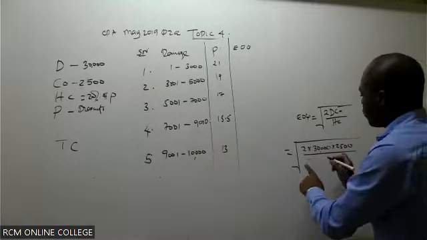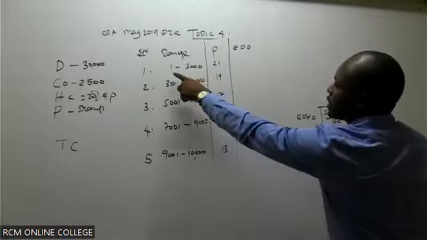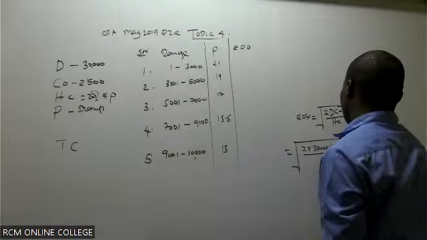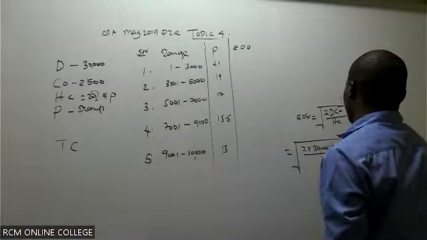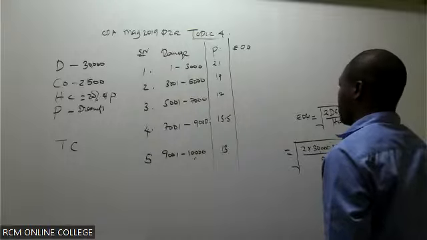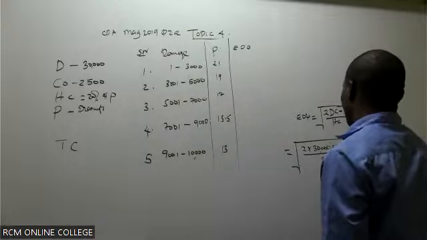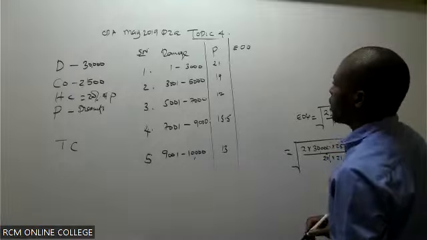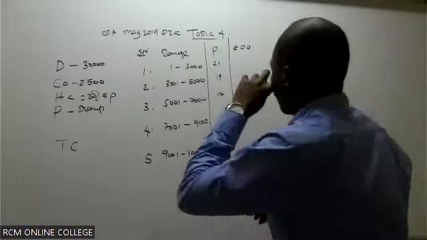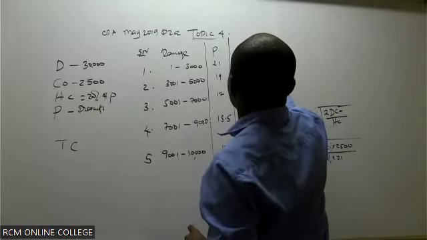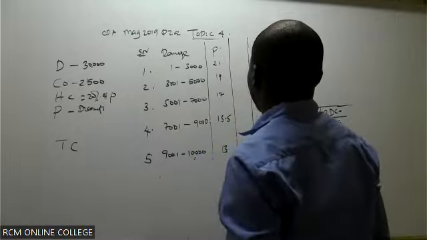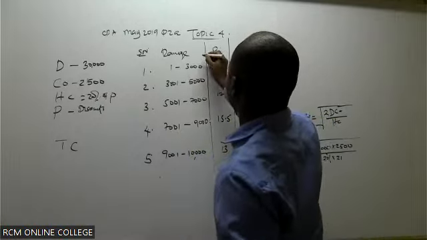So I will come here and put my holding cost. The first one, I'm told holding cost is 20%, which is the same as 0.2 multiplied by purchase price, which is 21. Or you just put your 20%. I can decide to create space for that holding cost because I'm going to use it somewhere.